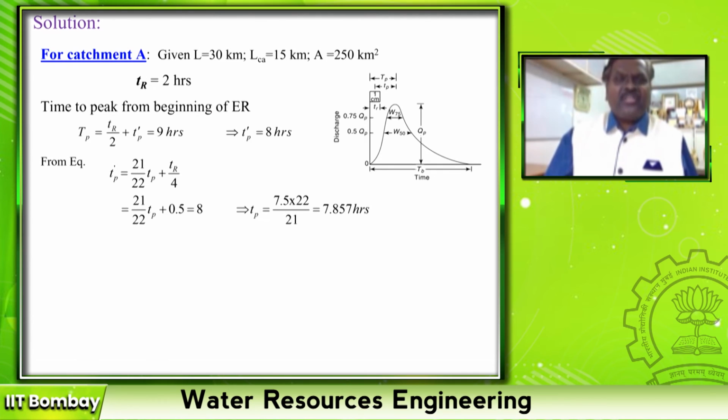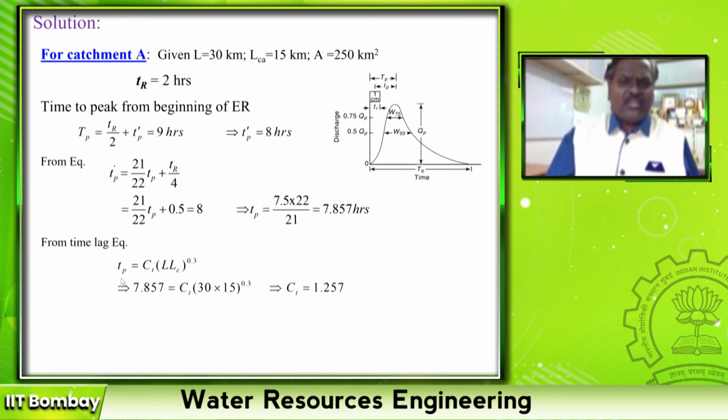So the time to peak is the same for both basins. Now use the equation to find the regional constant Ct. In this, time to peak is 7.85, and L is 30 kilometer, Lc is 15 kilometer, to the power of 0.3. Now the regional constant Ct is 1.257.